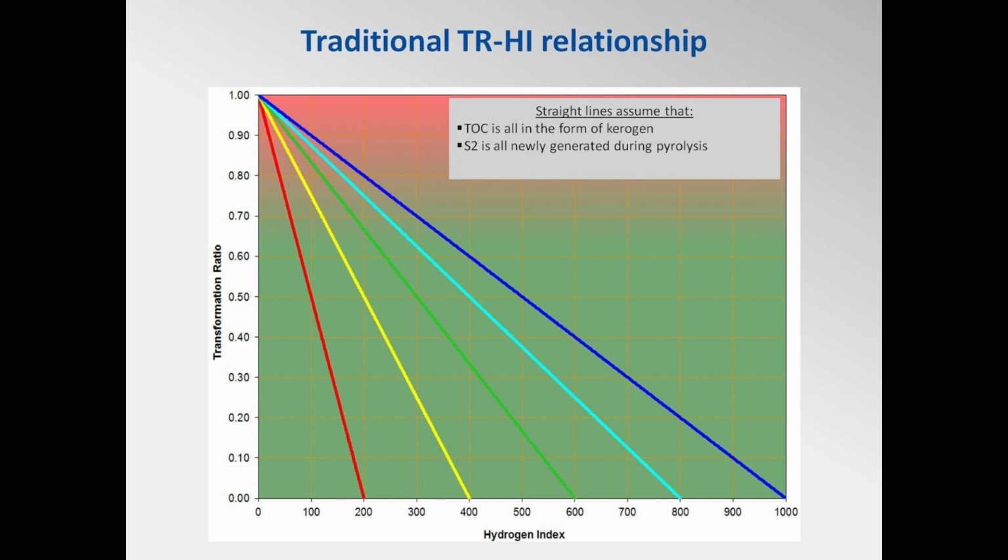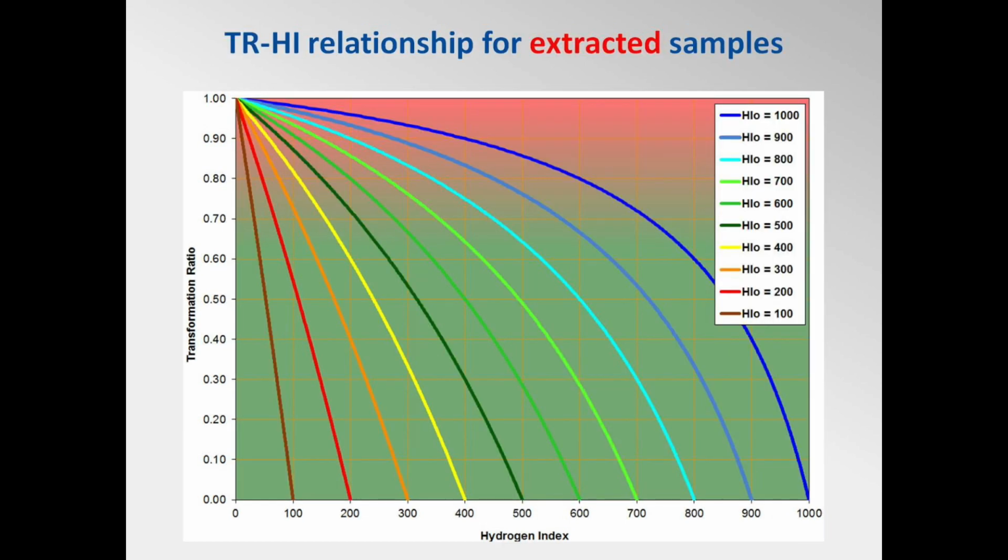But these comments and this diagram refer to unextracted samples, which are what we normally work with. But Mark and I showed that if you work with extracted samples, which we believe is the only reasonable way to use hydrogen index as a thermal indicator, these lines are no longer straight but curved. And that curvature, which can be quite extreme at high hydrogen indices, makes all the difference.